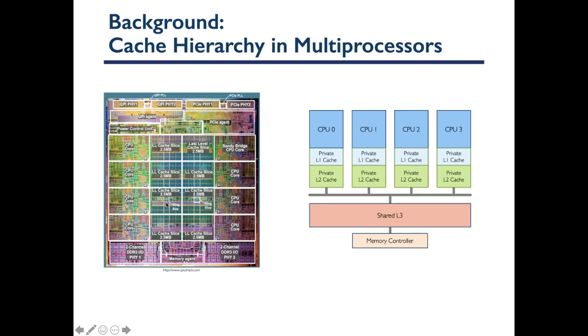Now this is the last level cache here. Even the last level cache in this microarchitecture is local to CPUs, but then they are connected to each other in a ring form.